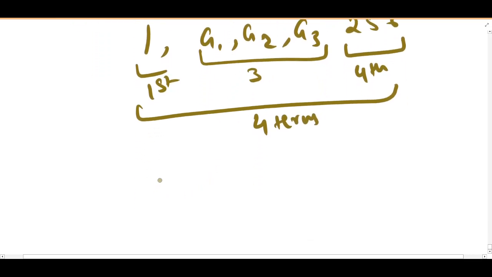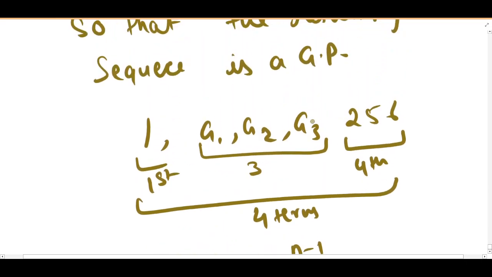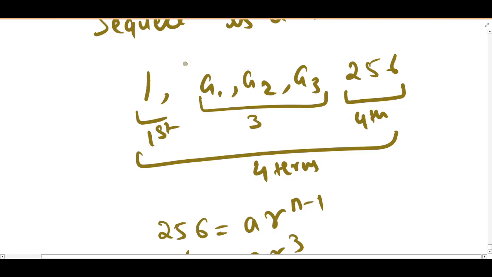So if we write the last term 256 as a r^(n-1), then a r cube is 256. So this is the fifth term, and there are a total of 5 terms.